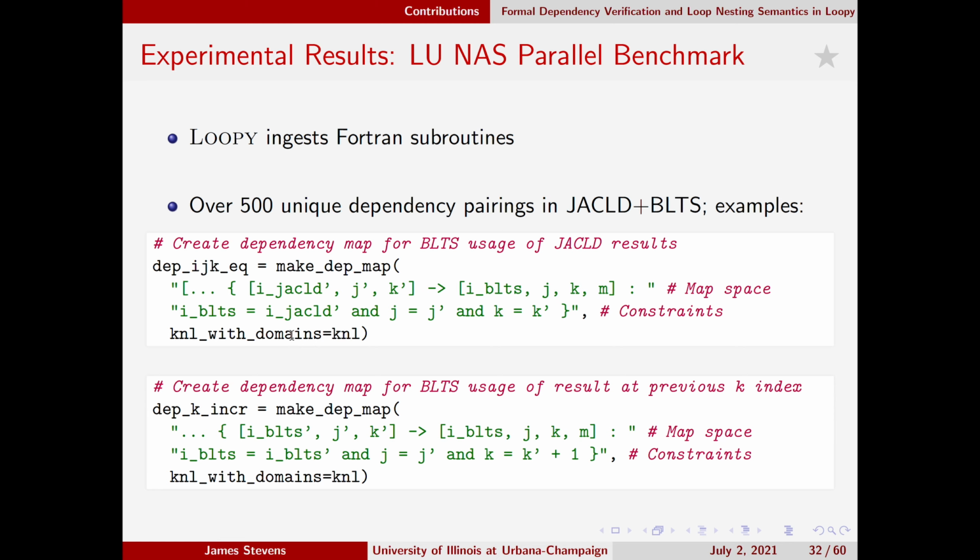The reason there are two different I variables here is that each of the subroutines has its own separate I loop. And then the second example is a dependency within the block lower triangular solve, where this statement uses a result computed at the previous k iteration, which is why we specify that k equals k prime plus 1.